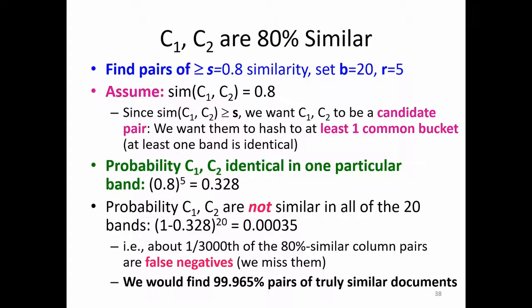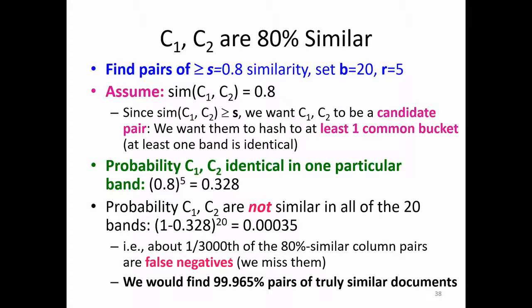Our concern here is that there may be a false negative. False negative means they are actually 80% similar, but they are not falling into the same bucket. This will happen when the actual similarity is just borderline 0.8, and still they are not falling into the same bucket. So what is the chance of that happening? Their actual similarity s is 0.8.